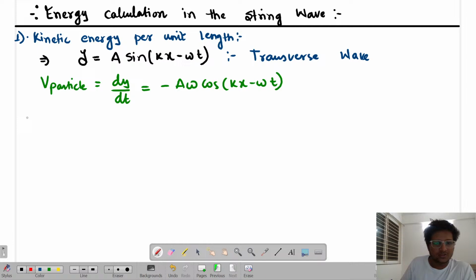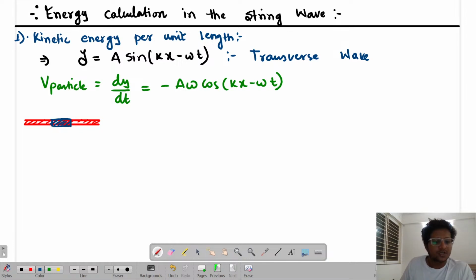Let us suppose I have a string and I want to define the kinetic energy. I can't define it for the full length, because the kinetic energy is variable, since the velocity of all the particles is also variable.